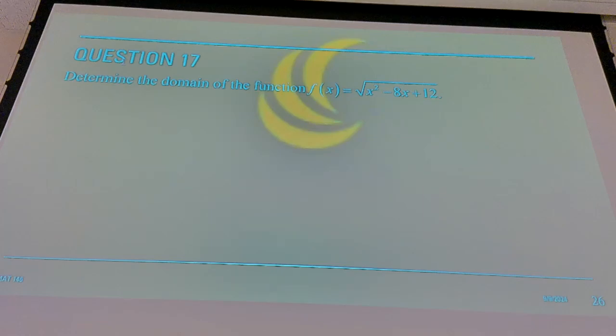X squared subtract 8x plus 12. And not can't equal 0. How do you get a real number out of a radical? Specifically an even radical, it has to be positive. Not just positive, greater than or equal to 0, not negative. It can be 0. Oh, right.